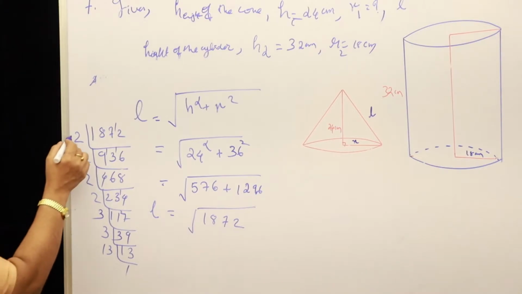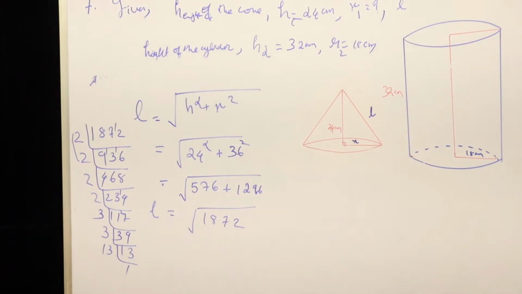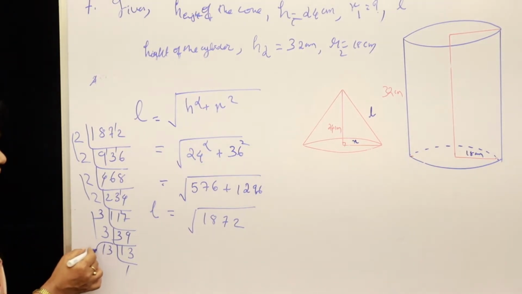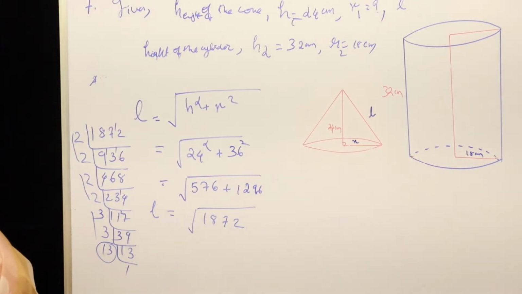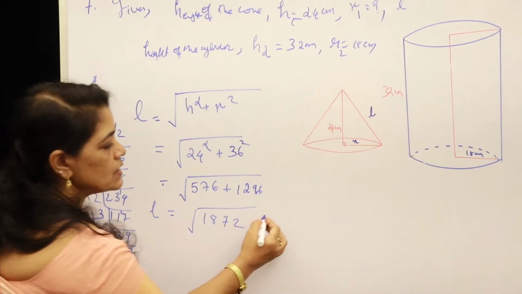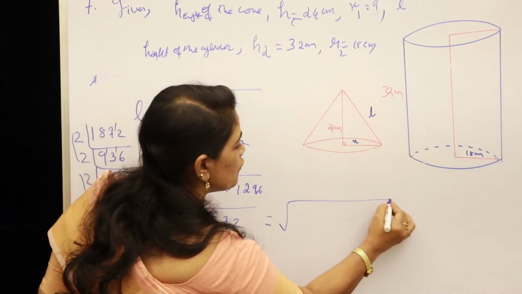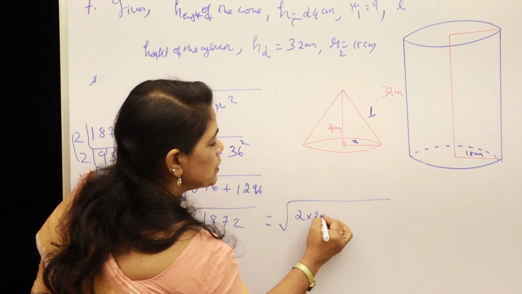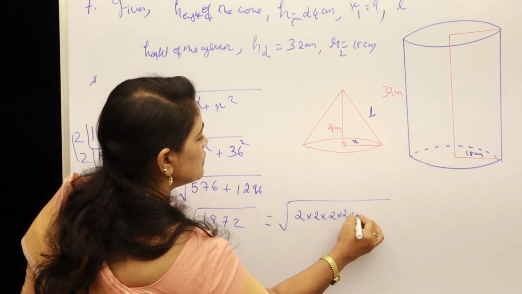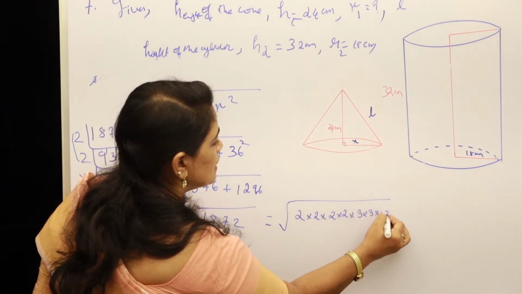So see children, here one pair you can take 2, here also 2, 3 also occurs in pairs. So 13 is the only prime number which is not in pair. So it will still remain there in the square root. Okay, so this can be expressed as the product of primes, 2 into 2 into 2 into 2 into 3 into 3 into 13.